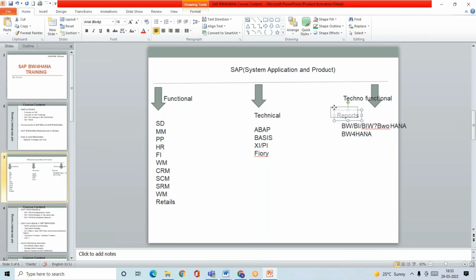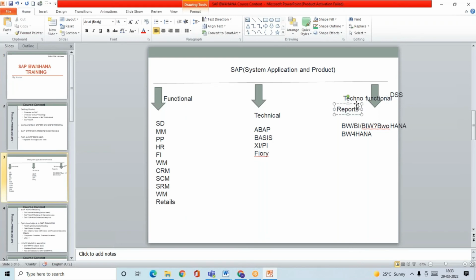For report purpose, yes sir, we generate the reports and we give these reports to the users, or to the management. So they will do the analysis, and based on the analysis, they take the decision. That is the reason this system is also known as DSS system, decision support system.